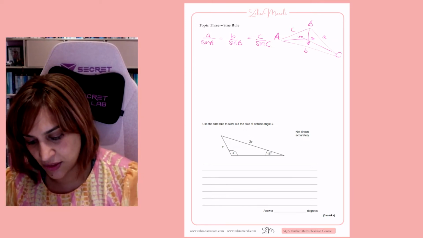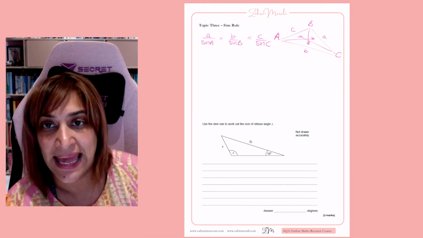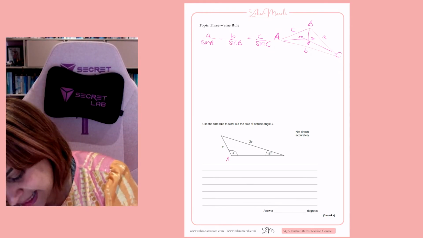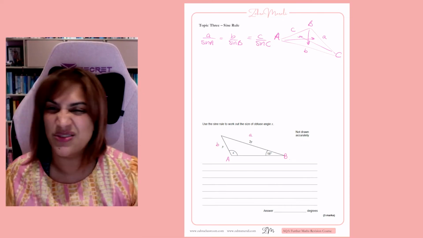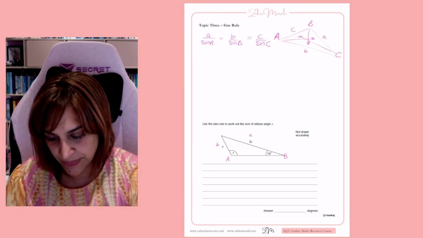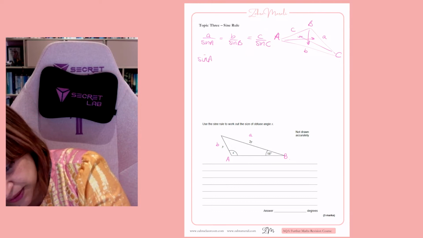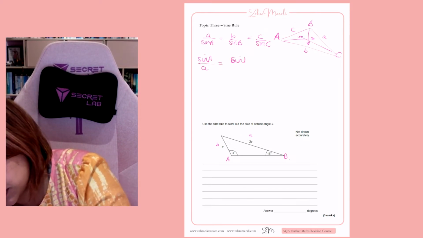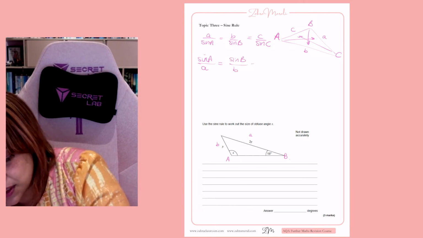Okay, so we've got here, we're trying to find angle x. I'm going to label some things. I'm going to call that big A, so that's going to be small a, big B, so that's going to be small b, and we don't need C. Now, because we're trying to find the angle, we can flip the sine rule and write it this way round.